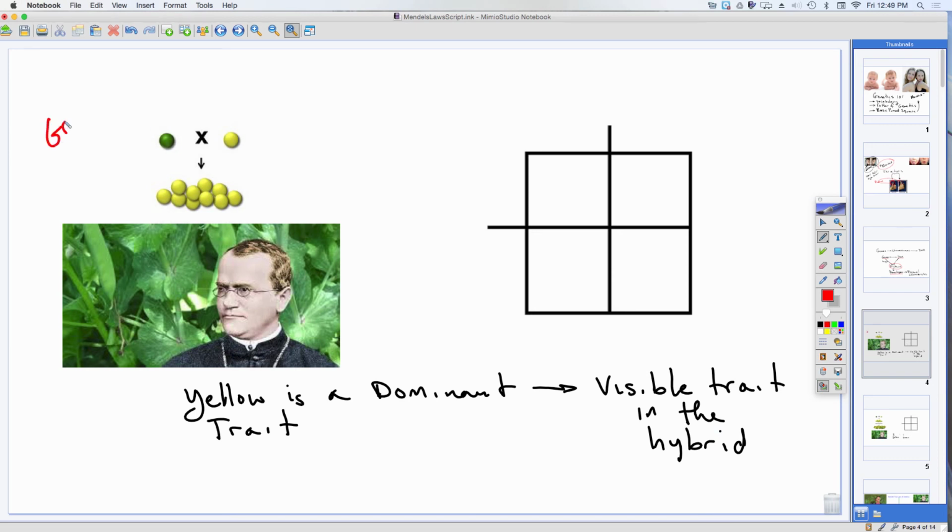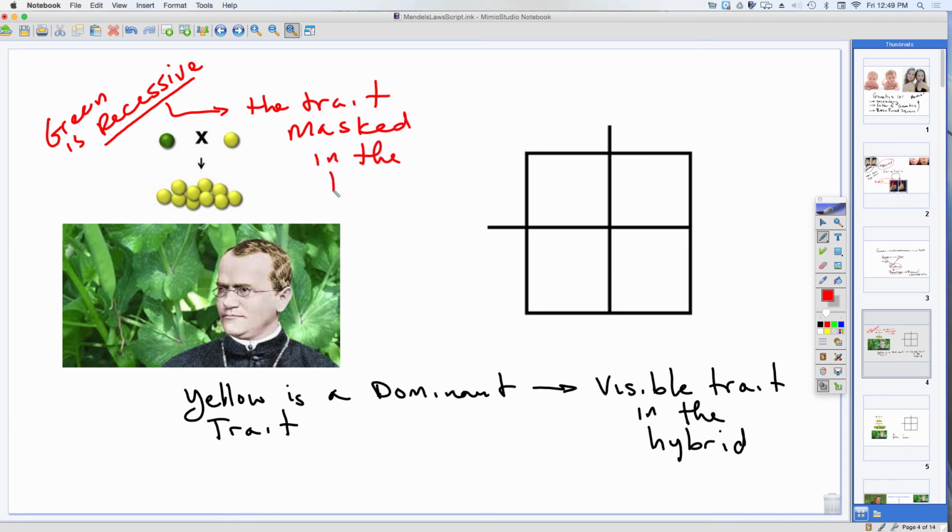In contrast, he defined green as a recessive trait. Now, recessive does not mean bad, and dominant does not mean good. Recessive simply means the trait masked in the hybrid. So it's the trait that kind of disappears temporarily.